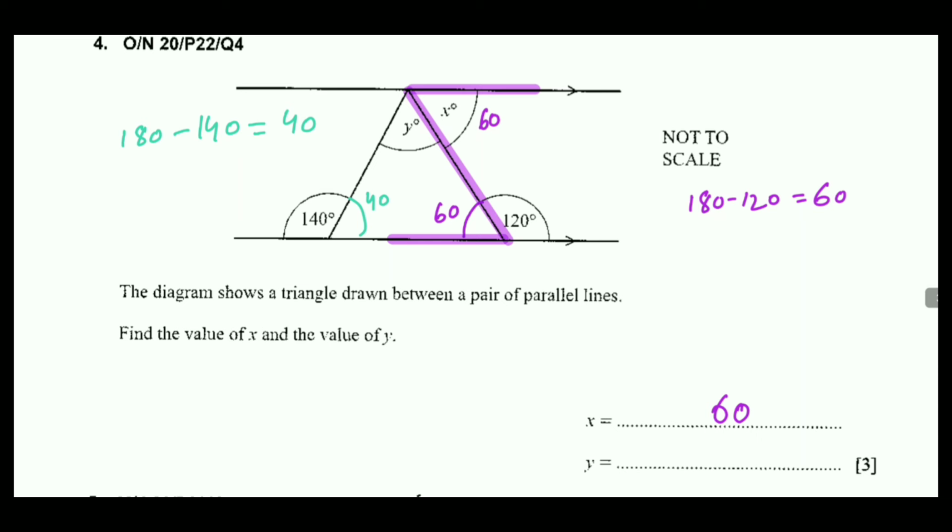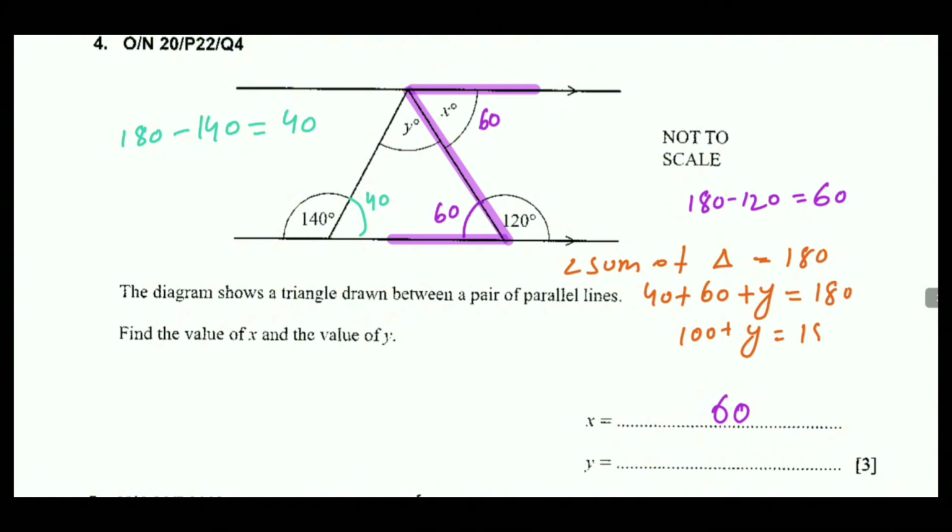So if this angle is 40, we can find angle y easily by the angle sum of triangle property. Angle sum of triangle is equal to 180. 40 plus 60 plus y is equal to 180, 100 plus y is equal to 180.